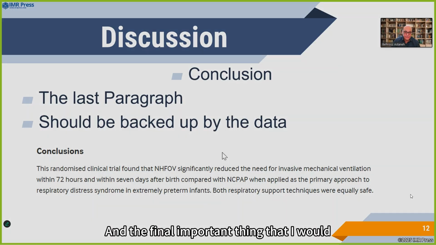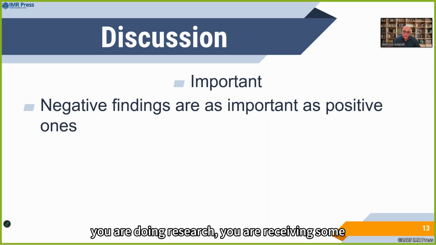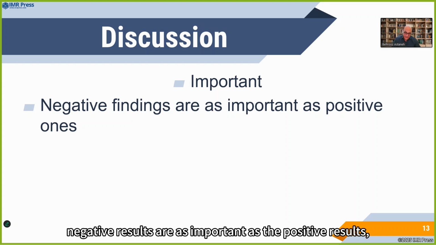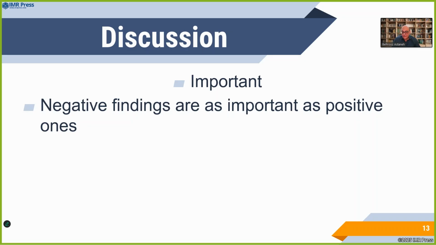And the final important thing that I would like to share with you is that when you are doing research, you receive some positive results and some negative results. Negative results are as important as positive results, and you must report negative results similar to positive results, and please don't censor yourself.